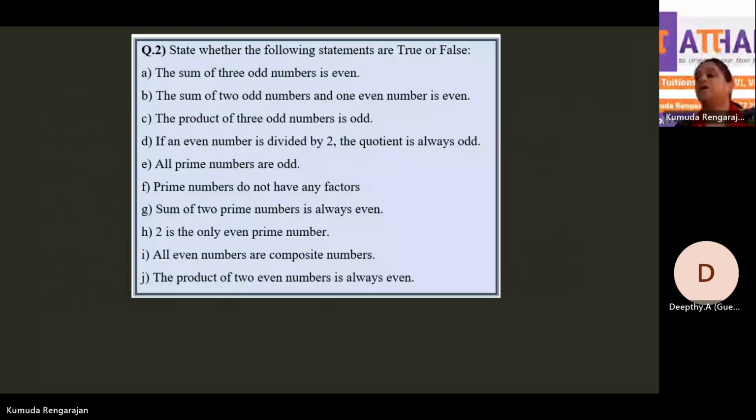Write down these statements in your notebook. This is your work from 7:15 to 7:45. Deepti, take down these statements. You can take a screenshot, but you have to wait till the students here complete writing this.